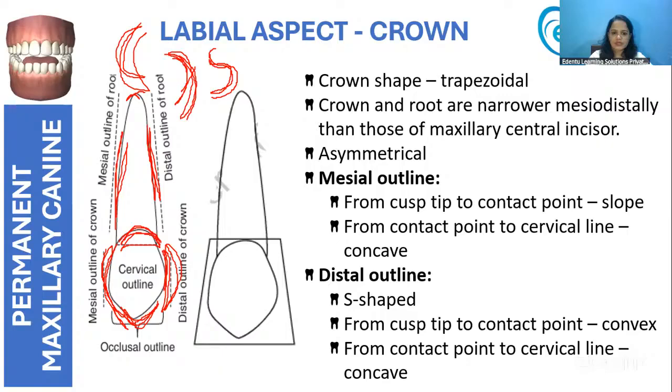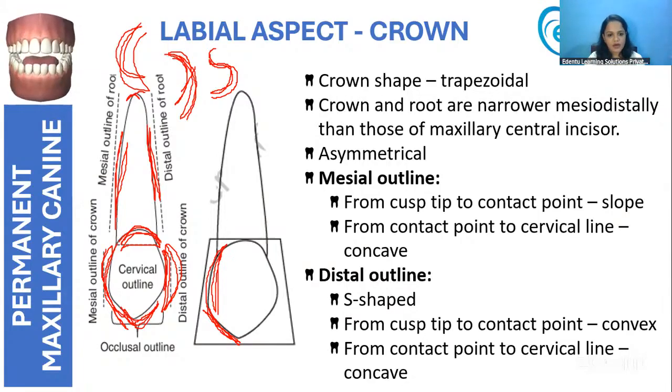The mesial outline from the cusp tip till the contact point appears like a convex slope. And from the contact point till the cervical line, it is a little bit concave in nature.